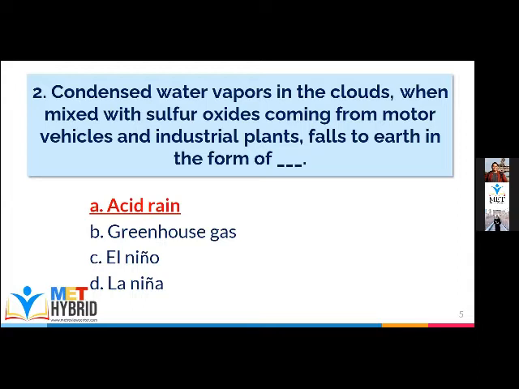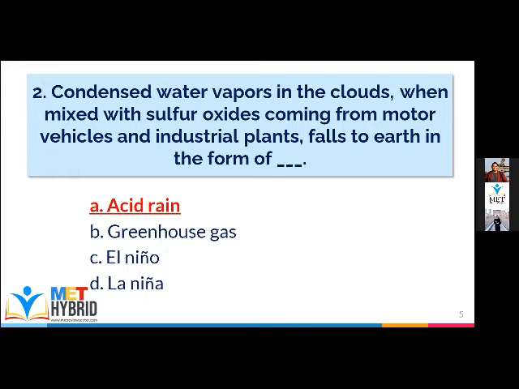Now, if you have emissions of sulfur oxides, they can be in the form of SO2 or SO3. As they mix with water vapor, ano po yung chemical composition ng water vapor? Anyone? What's the chemical composition of water? Hala, walang nakakaalam? Oh yes, H2O.